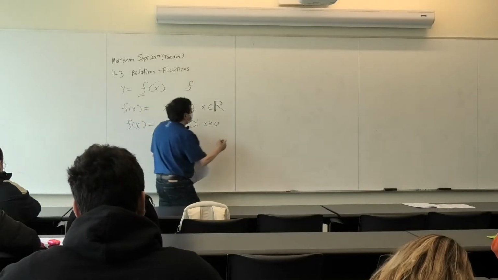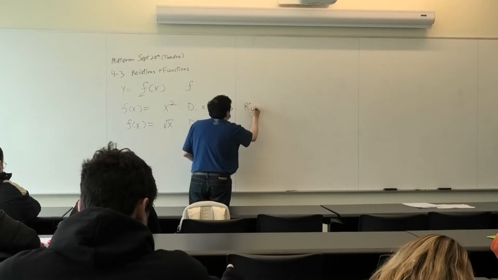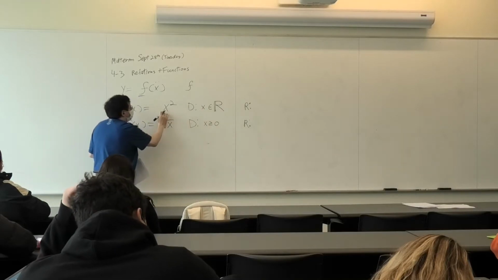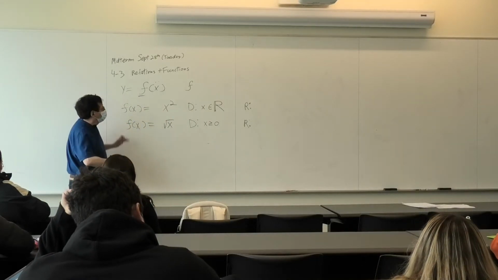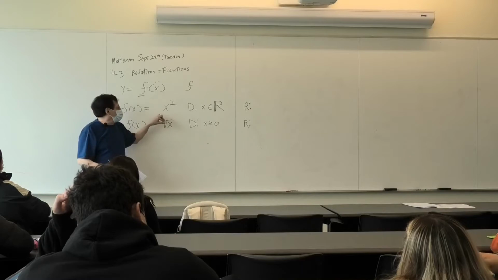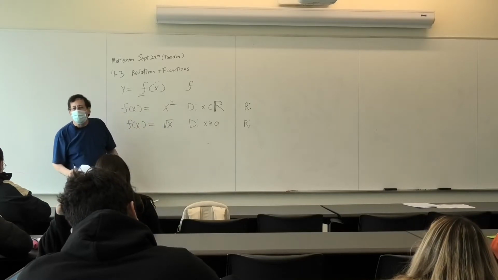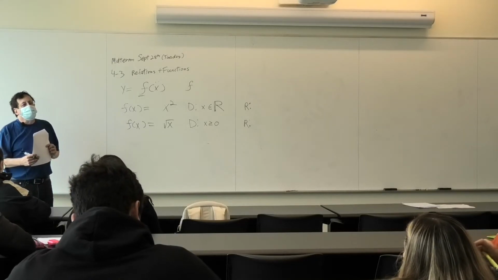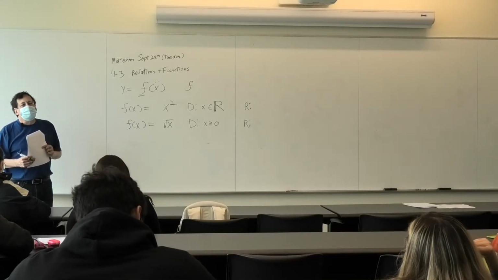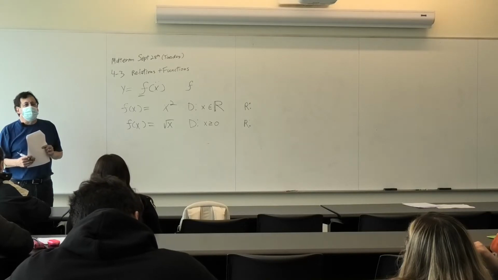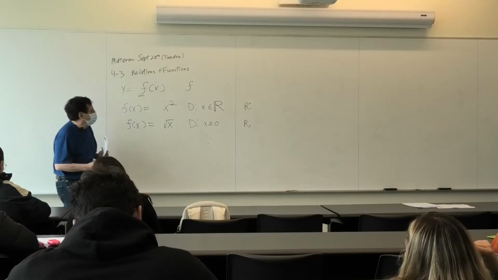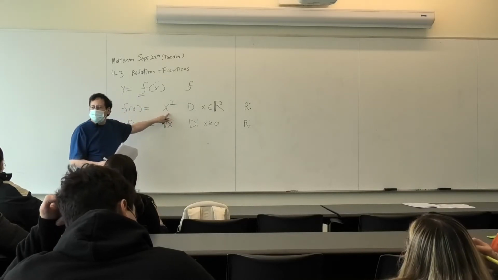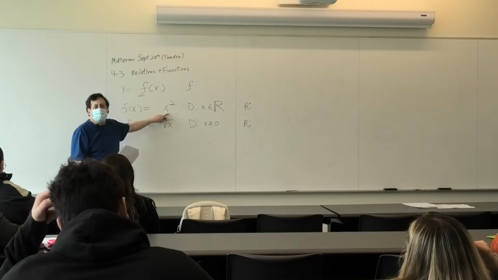Now, what about the range? I might write it this way. What kind of numbers can I get out? I can put in any real number. What kind of number can I get out of x squared? Can I get 0 out? How can I get 0 out of x squared?